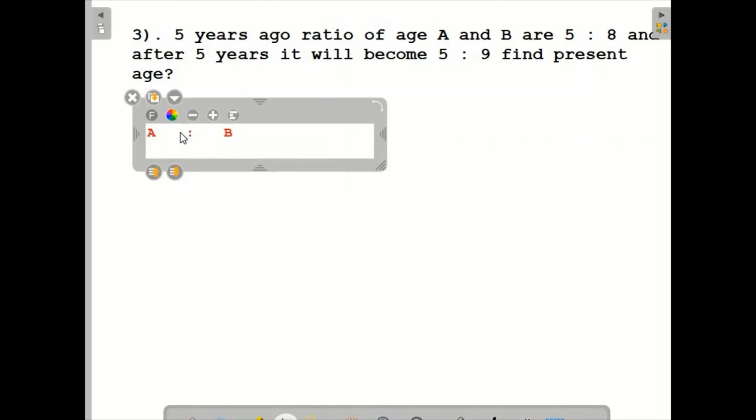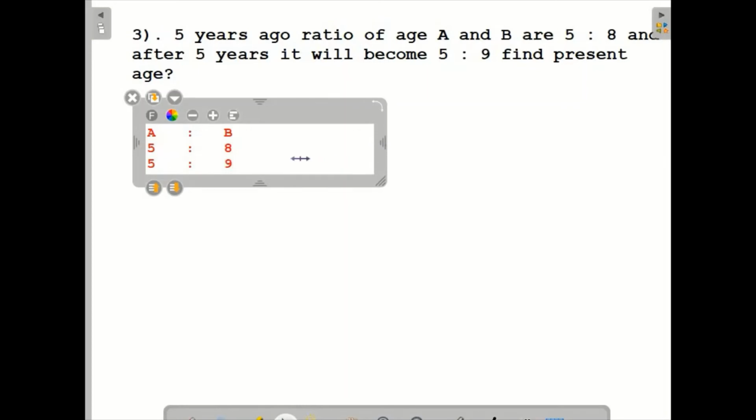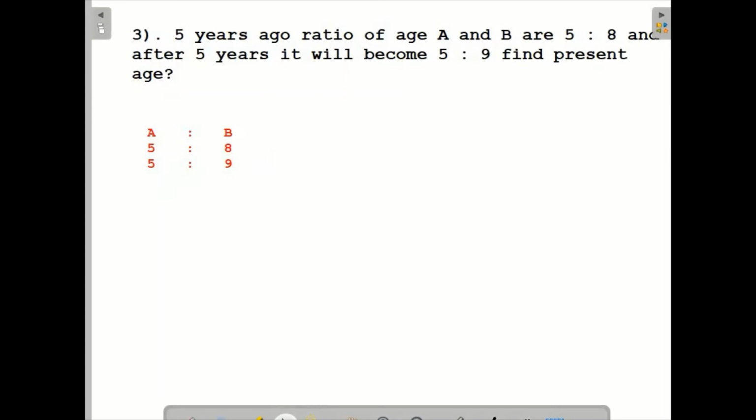Here their ratio is 5:8 and after 5 years it is 5:9. So as I said earlier, we have to subtract the values and cross multiply it for calculating the values.